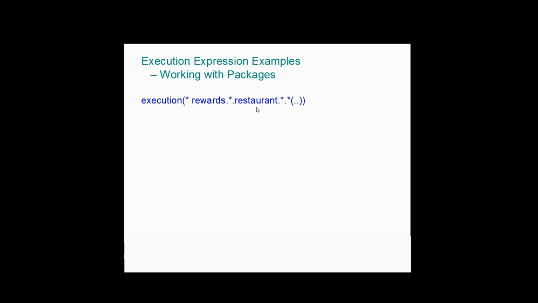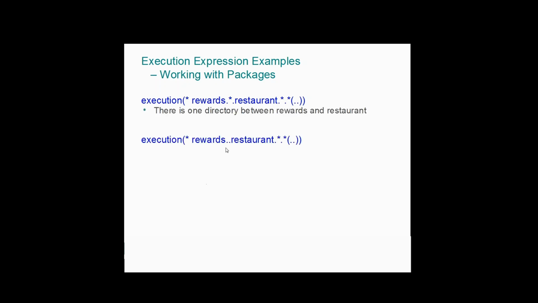In between rewards and restaurant, there is one more package folder. Since it is a star, one level of folder is available in between, and it ends with restaurant. Inside the restaurant package, you have all the classes, and inside those classes, all the methods which take 0 or more parameters and return any object. So if you want to work with packages, you can use a star and dots like that.